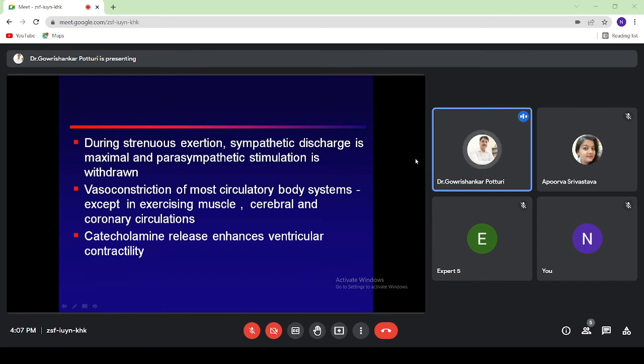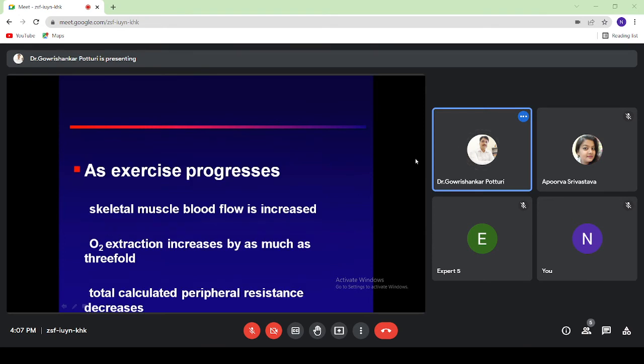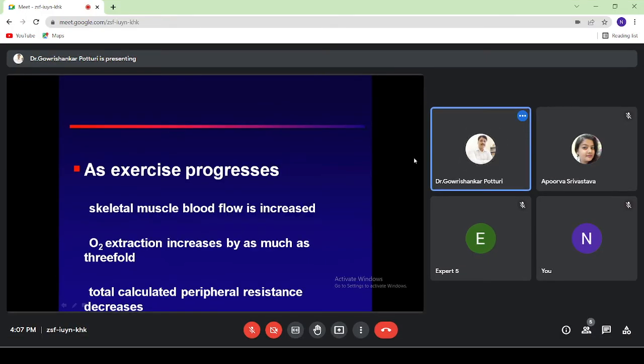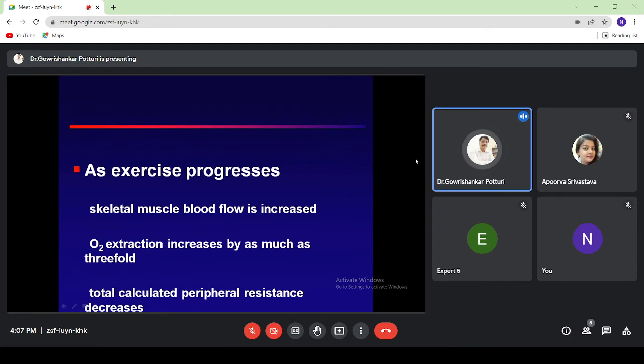Catecholamine release enhances ventricular contractility. So in the body, catecholamines are released and it increases the ventricular contractions. As exercise progresses, skeletal muscle blood flow is increased. Oxygen extraction increases by as much as 3-fold. Total calculated peripheral resistance decreases because of vasodilatation.